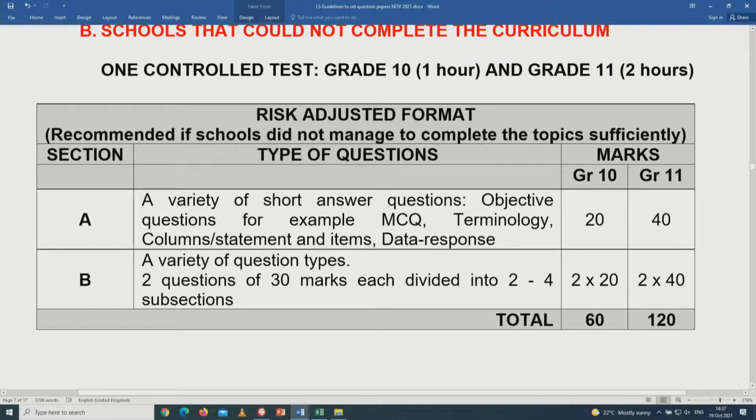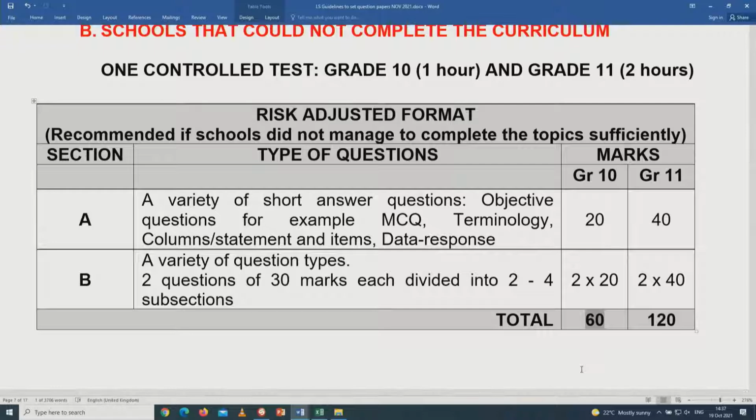1 hour for grade 10, 2 hours for grade 11. And I've split it so that you can understand it very easily. Look at this table. Same distribution, but then grade 10 for that 60 marks will have 3 20-mark questions. Section A 20 and section B 2 times 20.